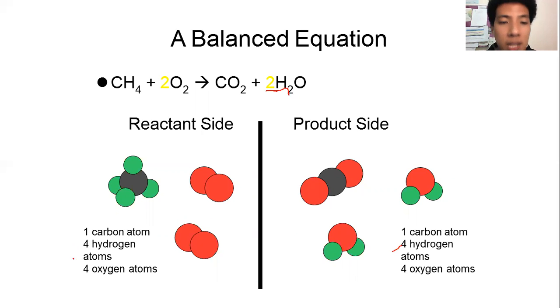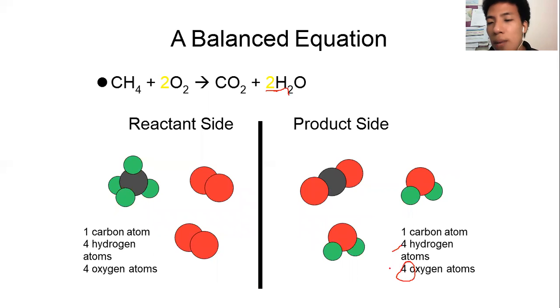For the oxygen, since we have only 2 here and 3 there, we will add to the coefficient of the reactant side since the reactant side is less. But we have to rethink that we already added the coefficient to the water molecule, H2O. That's why we will adjust from 3 to 4.